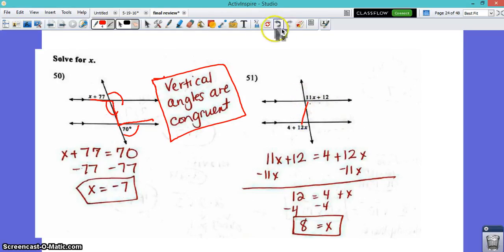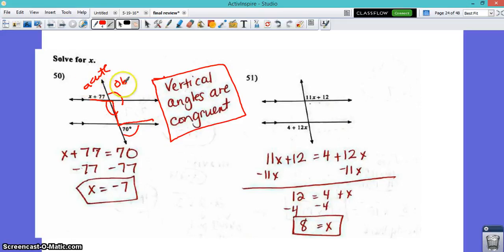Now, if you're confused and say, I don't know if I should make these equal to each other or equal to 180, first of all, you need to look. These are a little bit more difficult to tell because they look very similar as far as their angles. But right here, you can tell this is an obtuse angle and this is an acute angle.